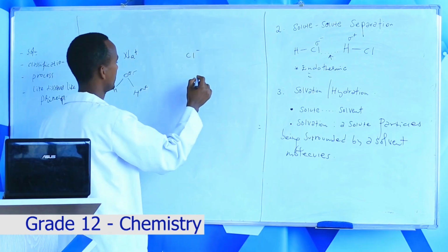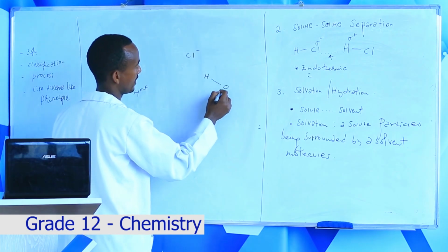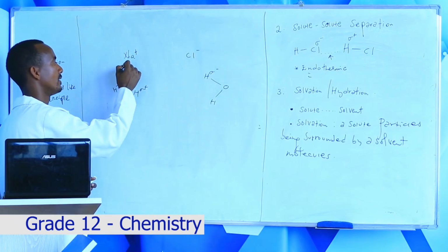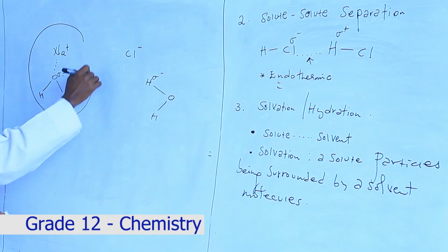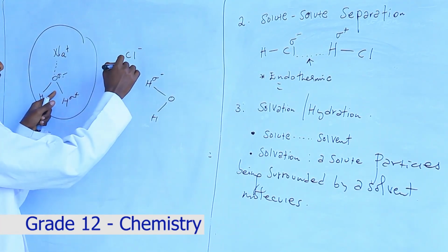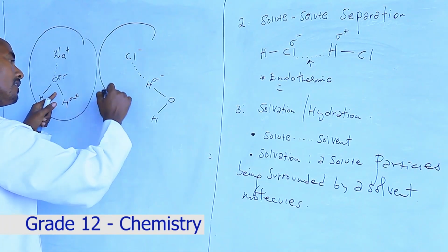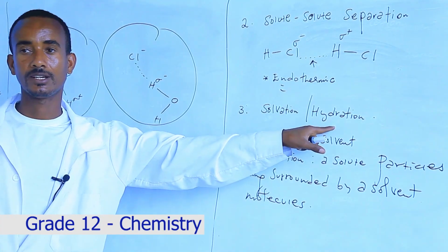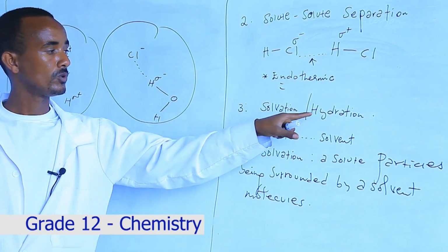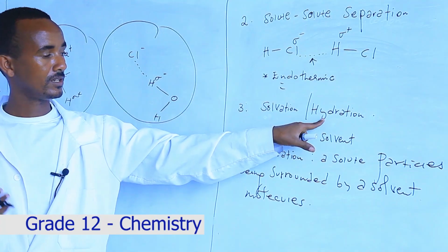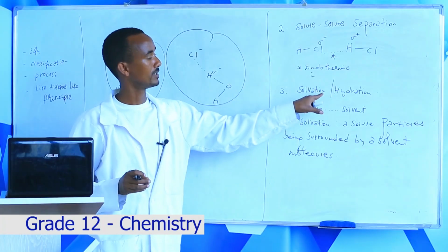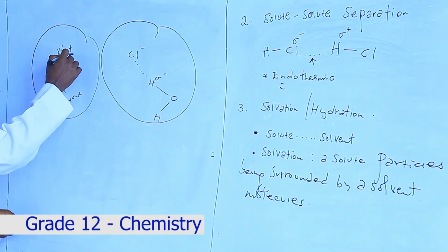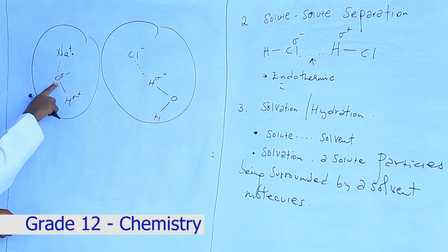In this way, the sodium ion will be surrounded by water molecules, and the chloride ion will be surrounded by water molecules in this way. This process is known as solvation or hydration. Okay, solvation will be hydration if and only if the solvent is water.